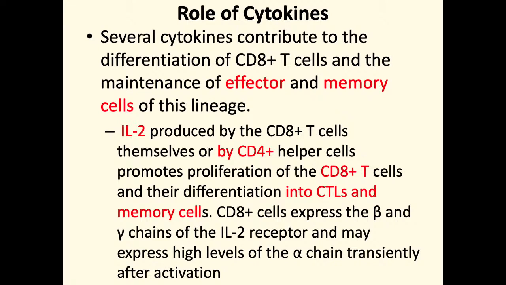So the IL-2 receptor has a structure which contains alpha, beta, and also gamma chain. All three are important, and this IL-2 leads to expression of the alpha chain and also other chains, and IL-2 will bind to these T cells and lead them to differentiate into effector T cells.